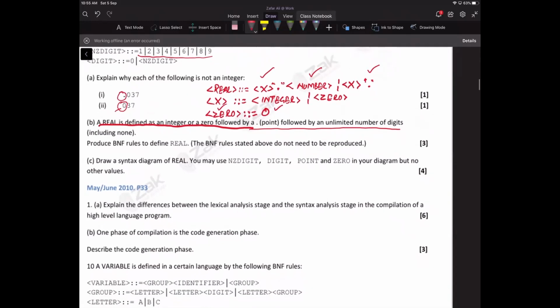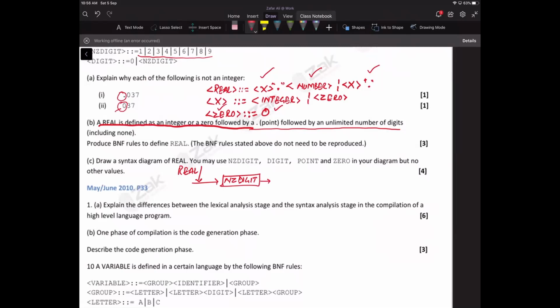Draw a syntax diagram for real. You may use nz digit, point, and 0 in your diagram, but no other values. So real is defined as a non-zero digit, which is actually a number.